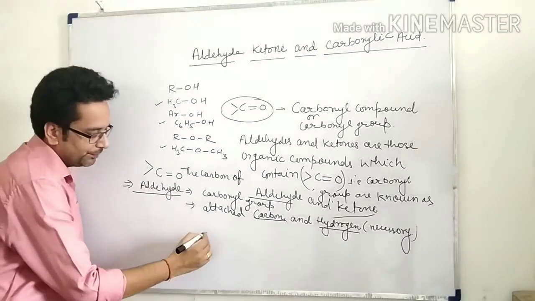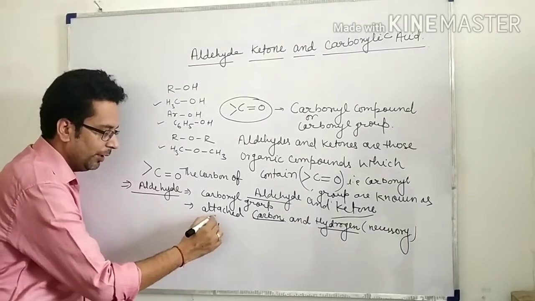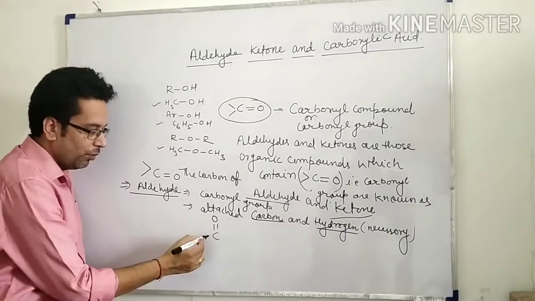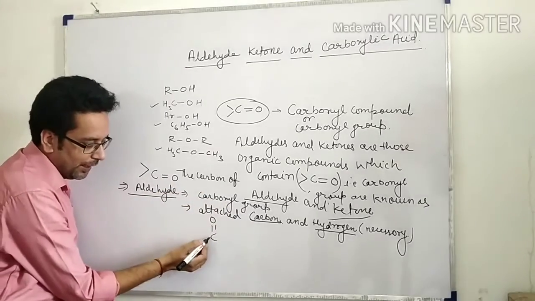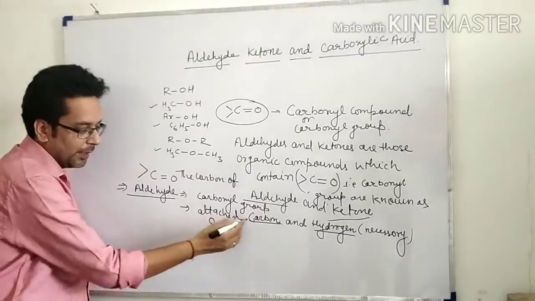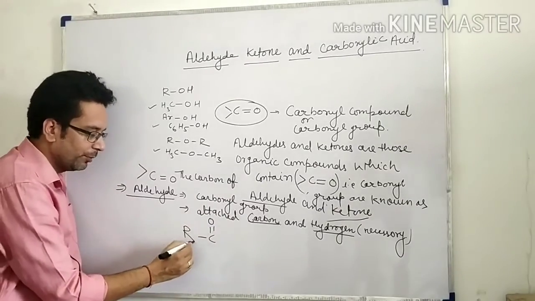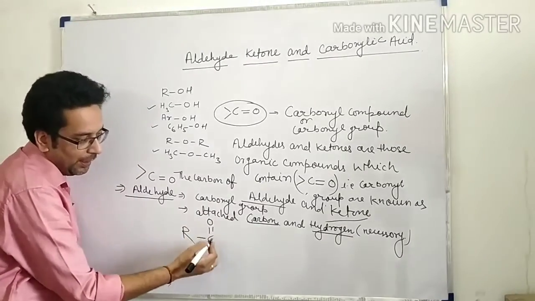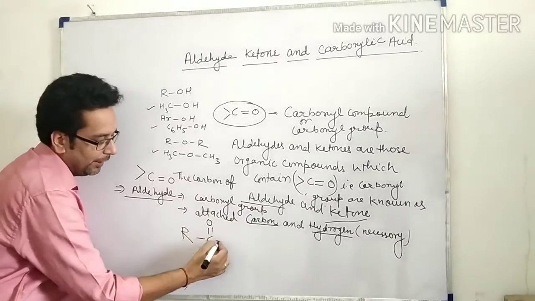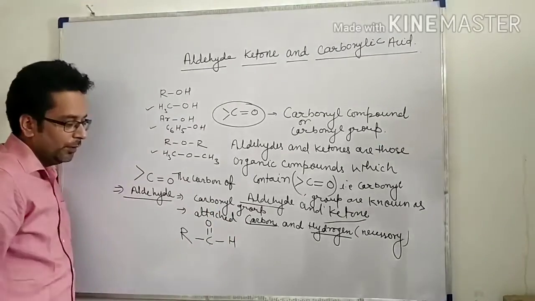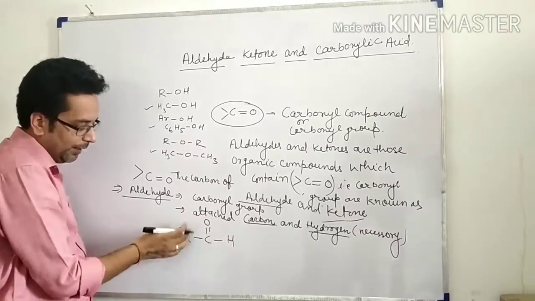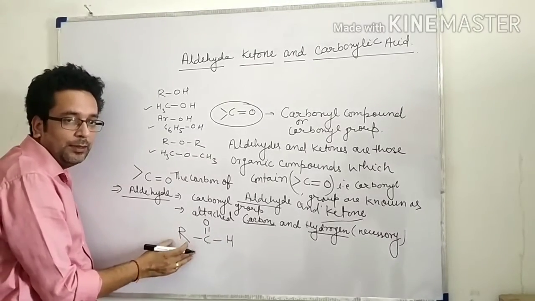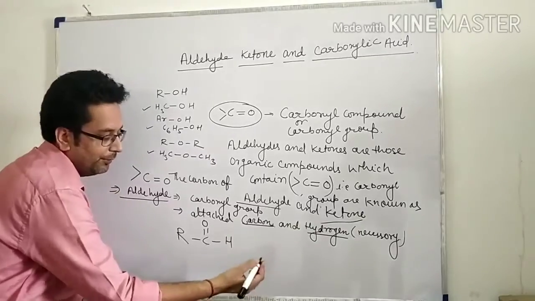Means, look here, carbon double bond oxygen, the carbon of the carbonyl group. This carbon is attached with carbon, which is an alkyl group, and it is also attached with a hydrogen atom. RCHO. Here R is an alkyl group, and alkyl group means CH3, C2H5 and so on.